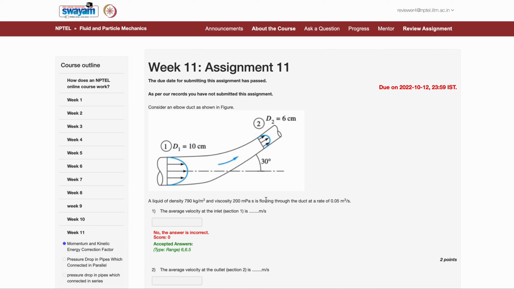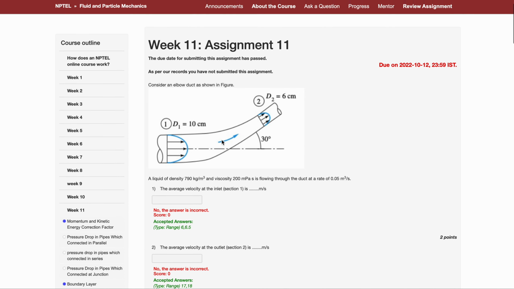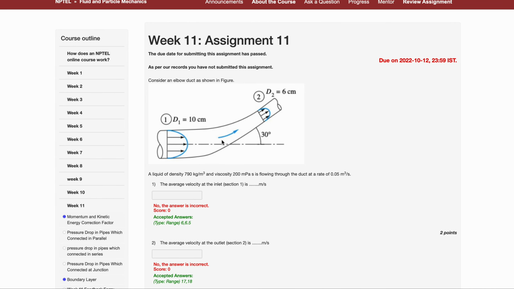It says consider an elbow duct as shown in the figure. It draws an elbow duct, so let me also draw it for the sake of clarity. It will help us later. I have an elbow duct of varying cross section.